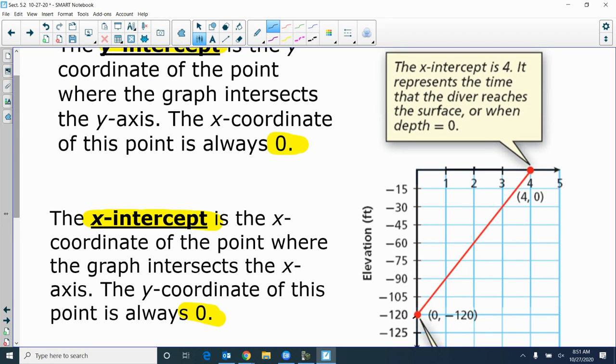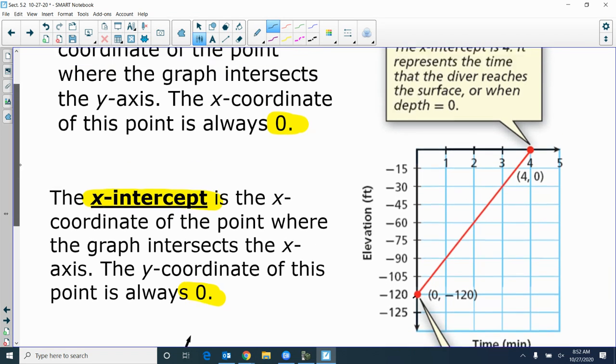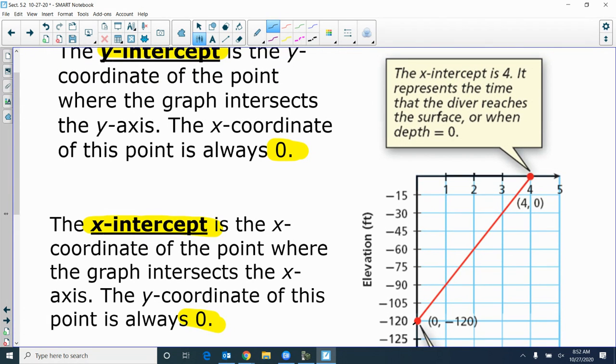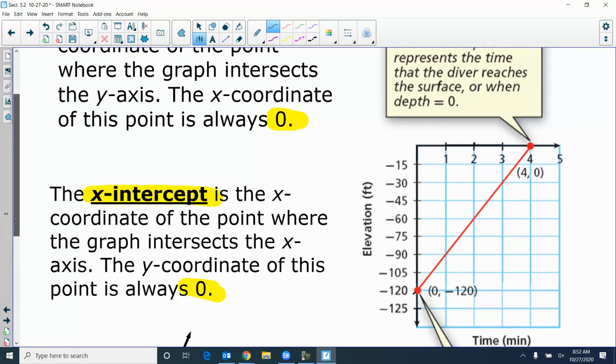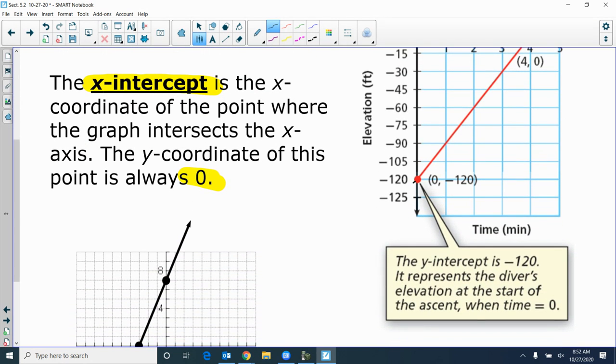So like right here in that little scenario to the right, for that graph, which represents a diver, the x-intercept is 4. It represents the time that the diver reaches the surface, or when the depth equals 0. And the y-intercept is negative 120. It represents the diver's elevation at the start of the ascent when time equals 0. So a lot of times they represent something.